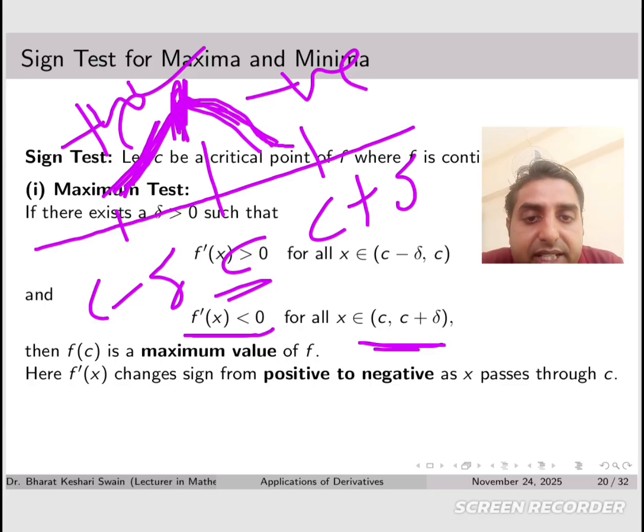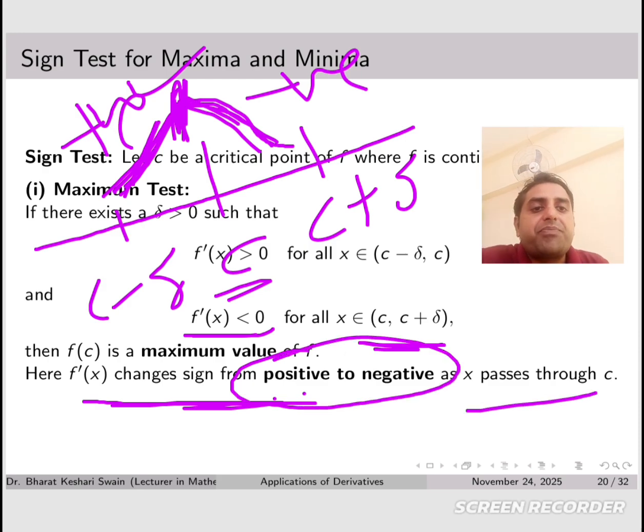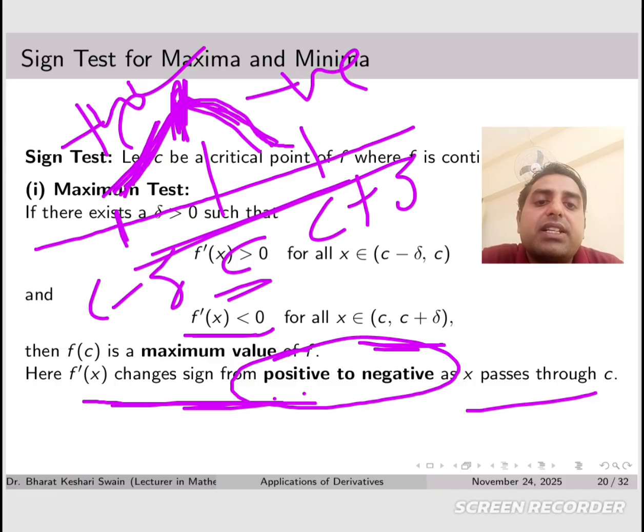Okay, so that's why it is written that f dash x changes its sign from positive to negative as x passes through C. That means if we move from C minus delta to C, passing through C, then the sign of f dash x will change from positive to negative.